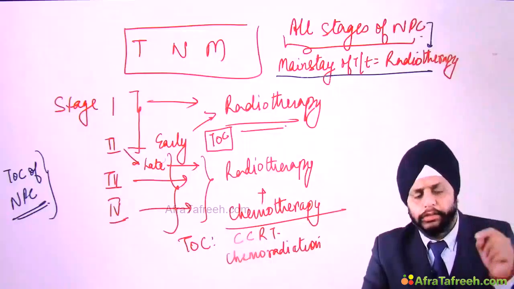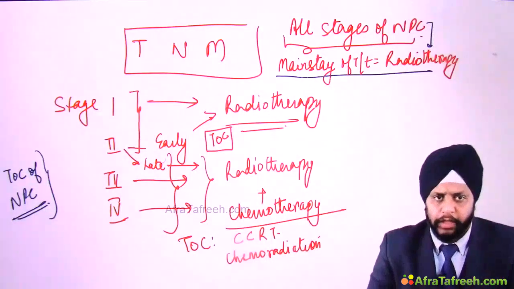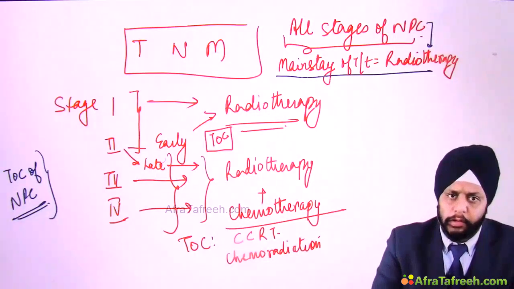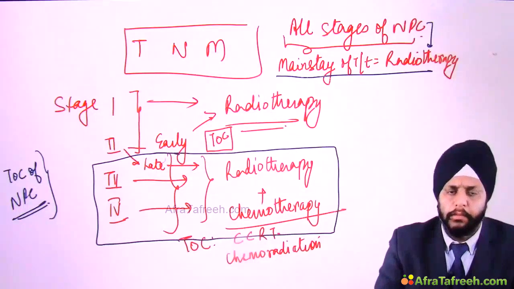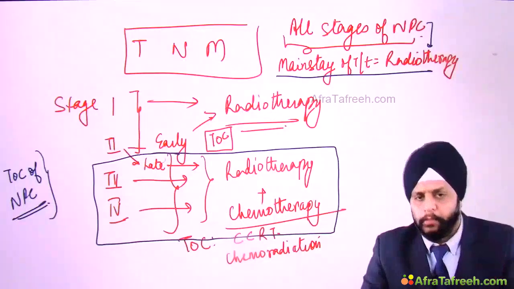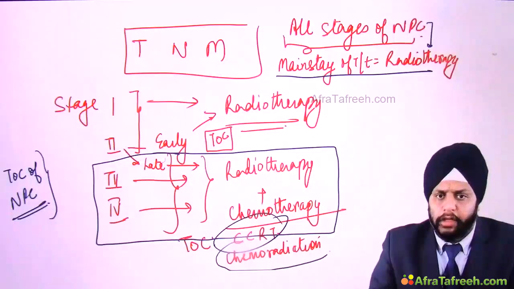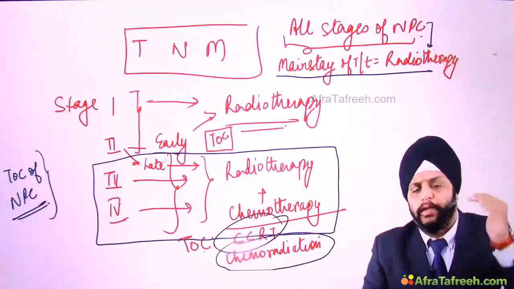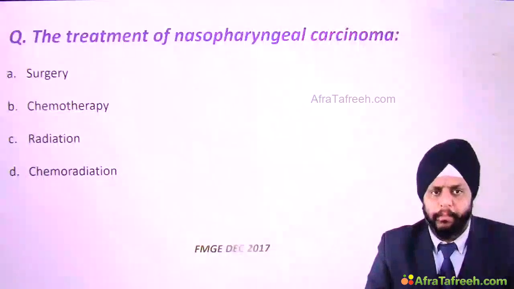Now, if the term used is treatment of choice for NPC and no stage is mentioned, in most cases we are giving radiotherapy plus chemotherapy. So if CCRT or chemo radiation is in the options, that will be our best answer.